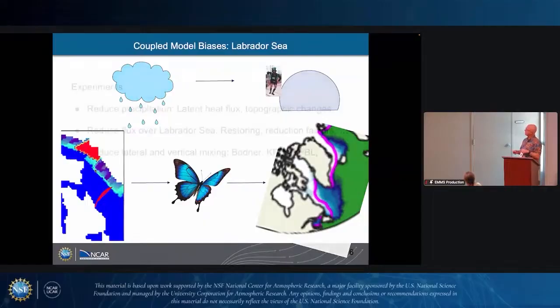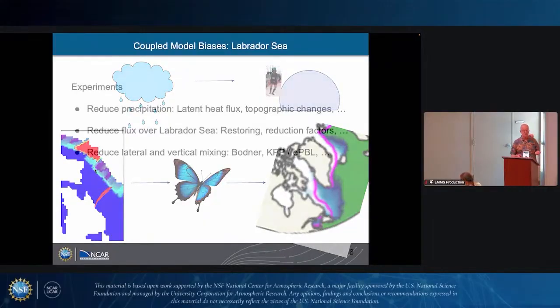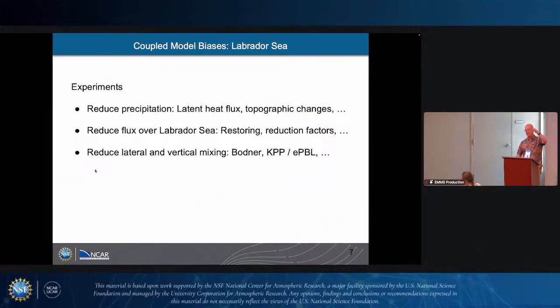So what have we done to maybe try to alleviate that? We've gone to each of these sources. So reduce the precipitation somehow by changing the latent heat flux over the ocean, maybe making topographic changes to reduce the precipitation over Greenland in particular, reducing the flux locally using artificial methods like restoring or reduction factors or something like that.